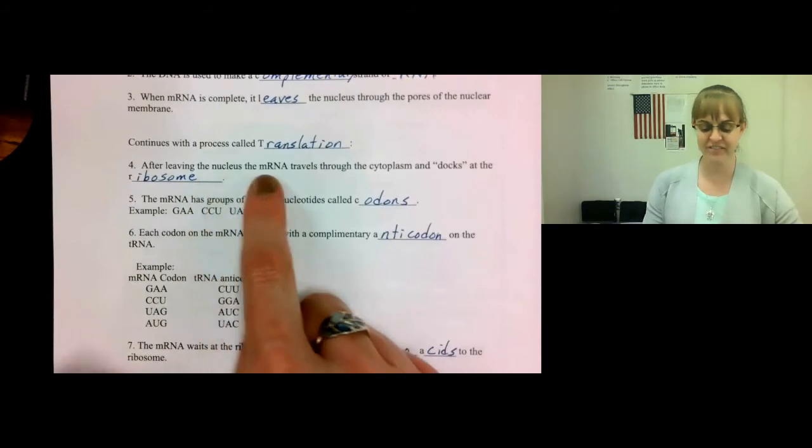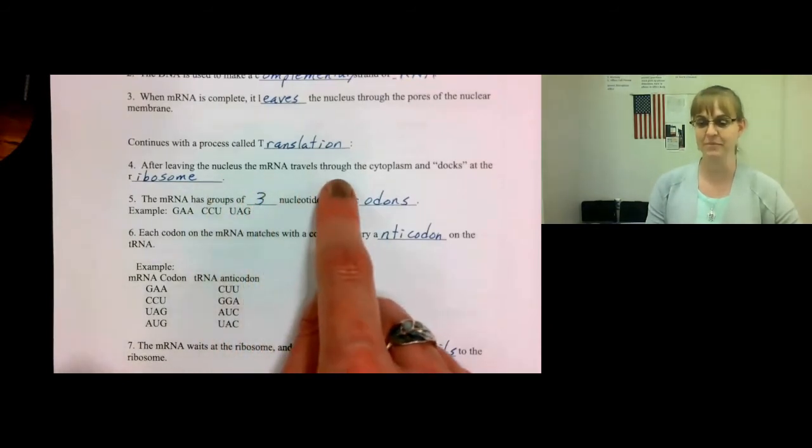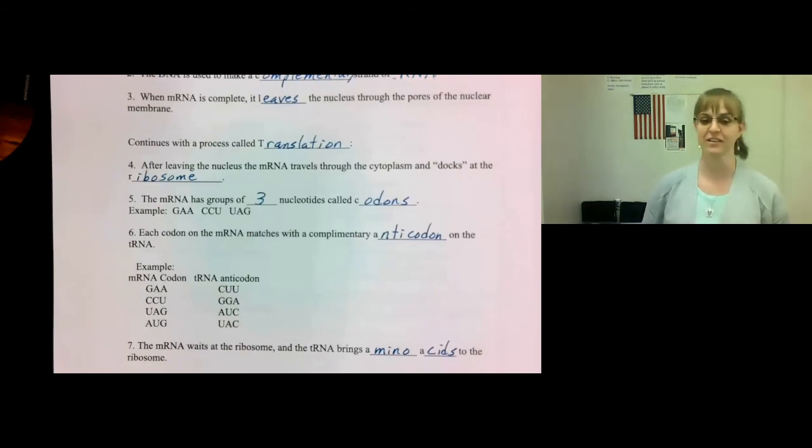So after leaving the nucleus, the messenger RNA travels through the cytoplasm and docks at the ribosome. The messenger RNA has groups of 3 nucleotides, 3 pieces of those nitrogen bases, called codons. For example, you might have GAA, CCU, UAG. Those are all codons or codes found on the RNA.